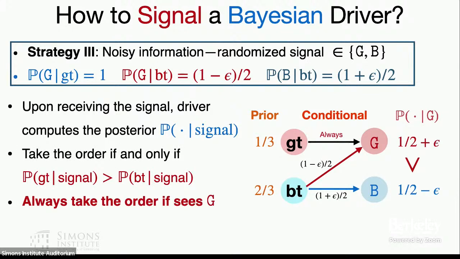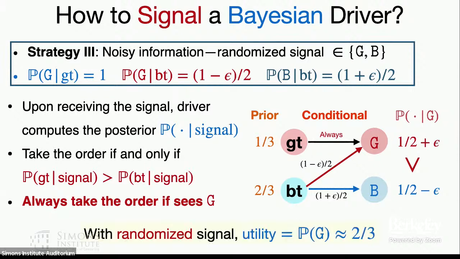So the driver takes the order if and only if this condition holds. But if the driver sees signal B, then definitely the driver knows that it's a bad tipper, so she will not come. And so for this signaling scheme, the optimal policy for the driver is to always take the order if she sees the signal G.